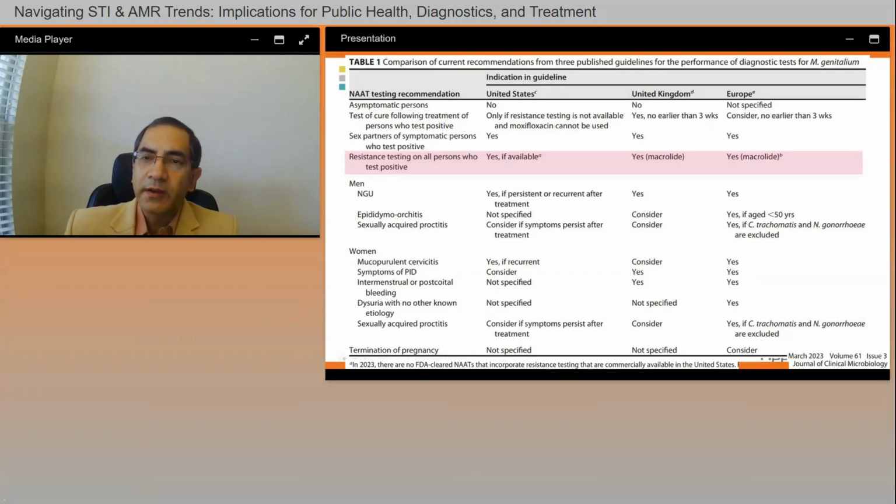Again, I would like to draw your attention particularly to the resistance testing section of the Mgen testing guideline that I showed you earlier. All available guidelines recommend testing for drug resistance, specifically for macrolide resistance, on individuals who have tested positive for Mgen.